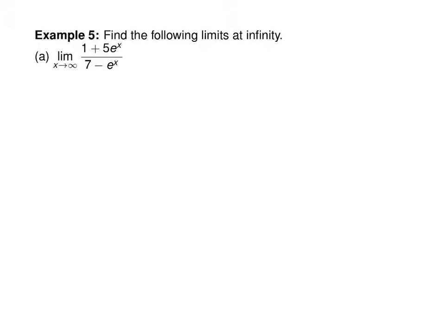Okay, so this one, how could you make it like the previous one? What could you multiply by to make it so you don't have infinity over infinity? 1 over e to the x, yep. Limit as x goes to infinity, 1 over e to the x plus 5 over 7 minus, 7 over e to the x minus 1.